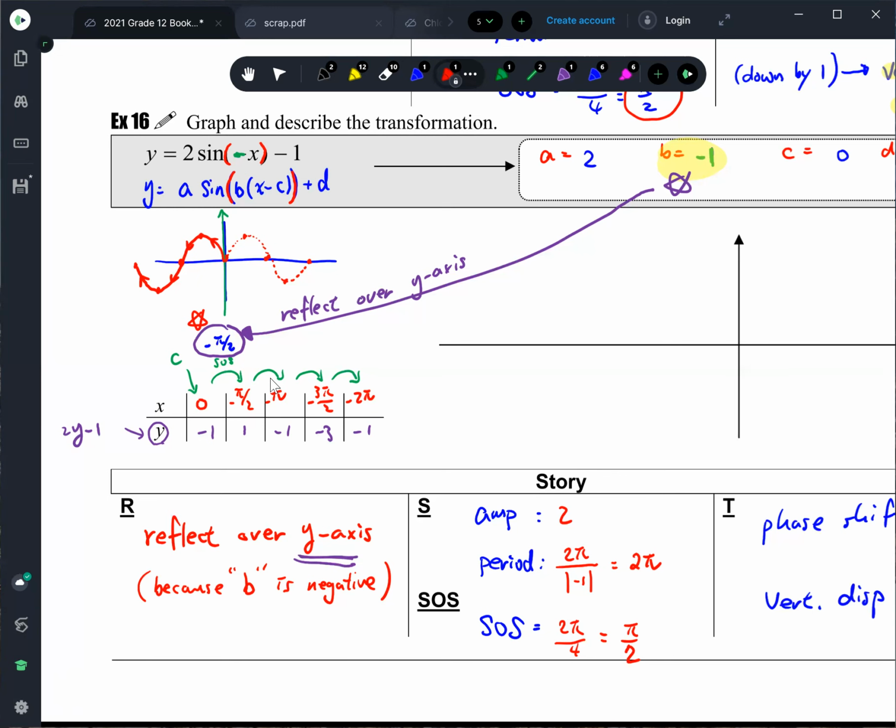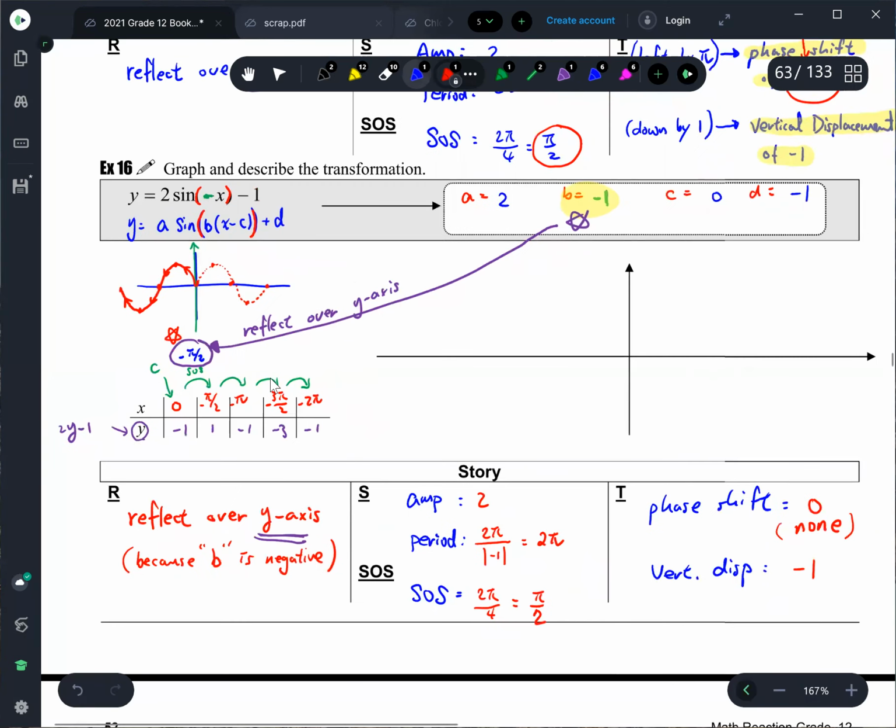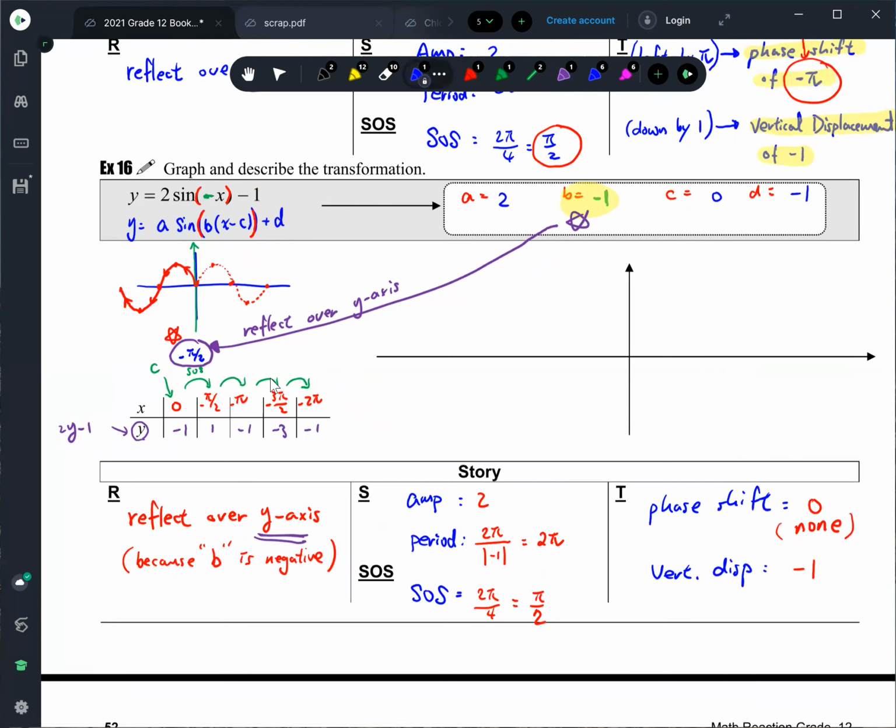So now that's our table, right? So we'll draw it out with the proper scale, right? You can go by pi. It's negative. Okay, and then the lowest goes down to -3, right?